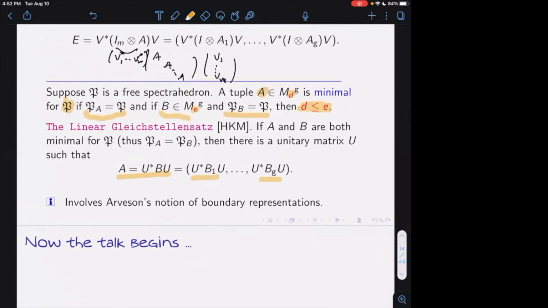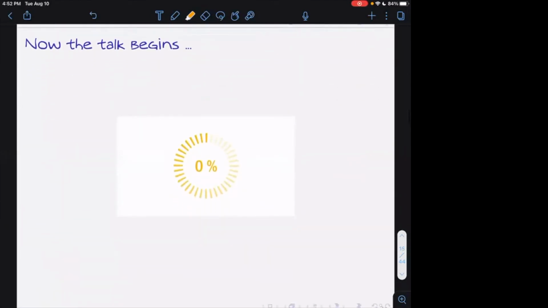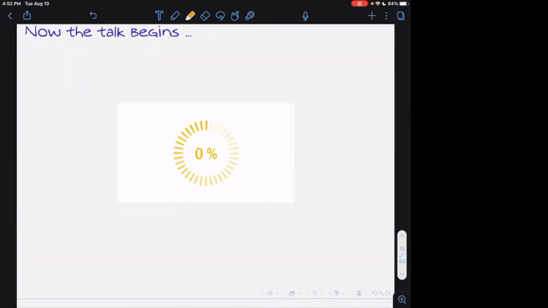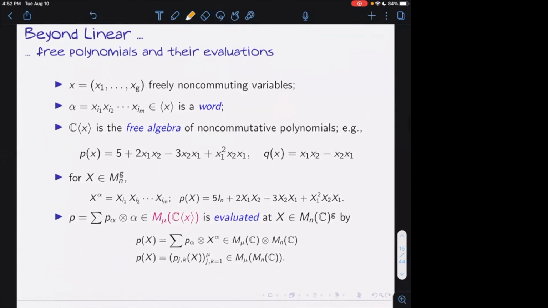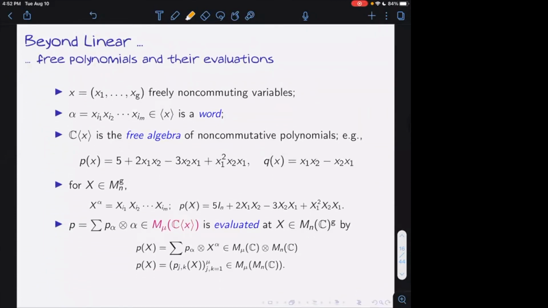Okay, so that's, see, now the talk begins. That's sort of a view of the linear theory. What I want to look at is what happens when you move beyond linear. So a place to start is with just free polynomials, also known as non-commutative polynomials. So we had our variables x1 through xg, which were essentially just placeholders up till this point.